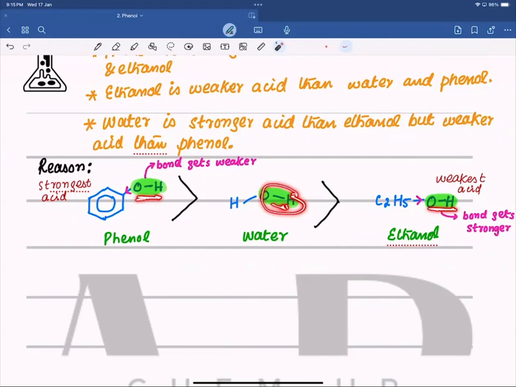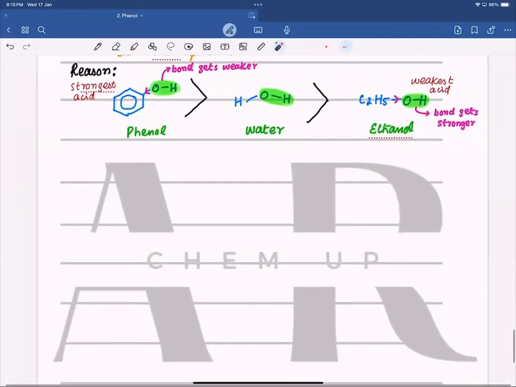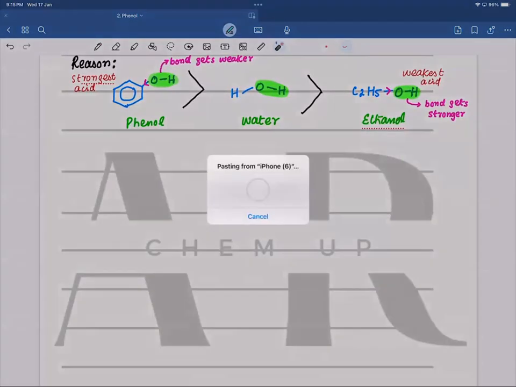So it produces more hydrogen ions than ethanol, and that makes water a weaker acid than phenol, but a stronger acid than ethanol. Is this clear to all of you? Yes, sir. Clear. Okay, so that's what I have explained to you.